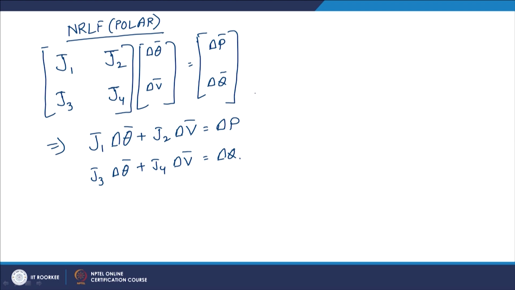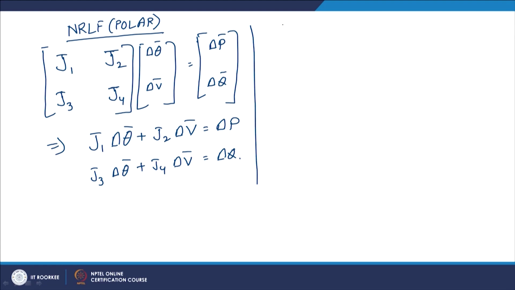But for all practical purposes, we can show, which we will actually show, that with some simplifying assumptions, the variation of theta is largely dependent on the variation of P, that is the real power, while the variation of voltage magnitude, that is this vector delta V, is largely dependent on the variation of Q, that is the reactive power.